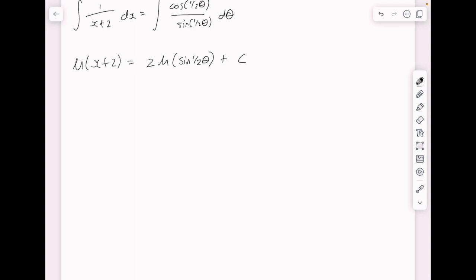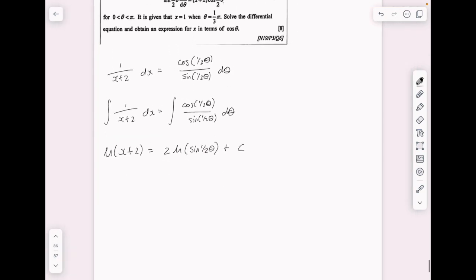Now it's pretty simple. All we have to do is use our initial condition. When x equals 1, theta equals pi over 3.